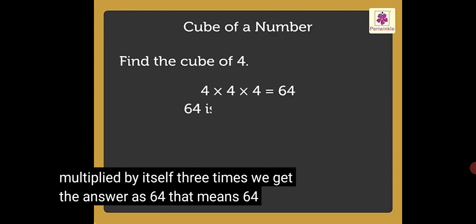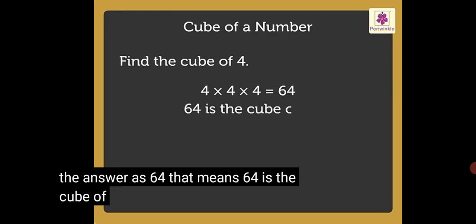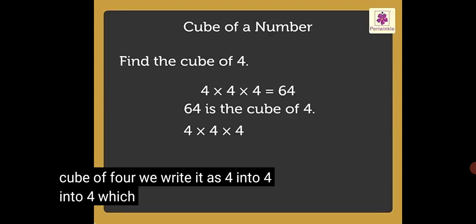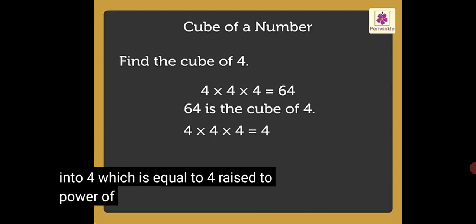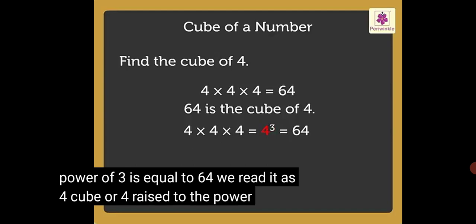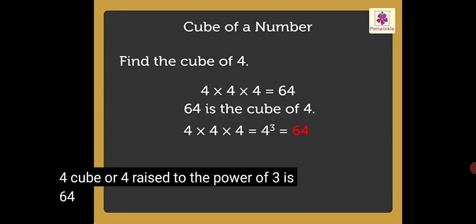That means 64 is the cube of 4. We write it as 4 into 4 into 4, which equals 4 raised to the power of 3, equals 64. We read it as 4 cube or 4 raised to the power of 3 is 64.